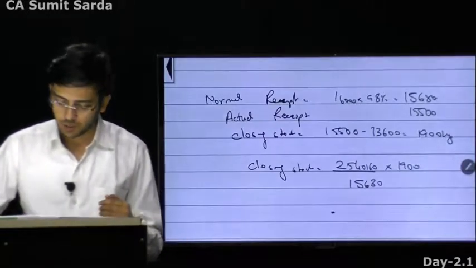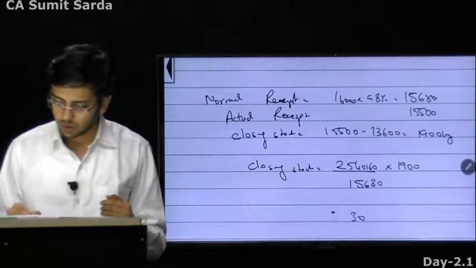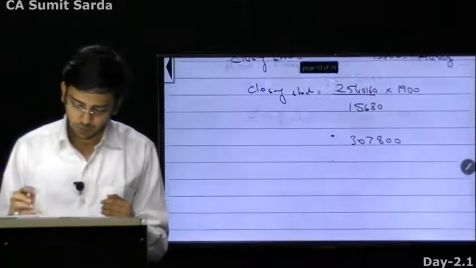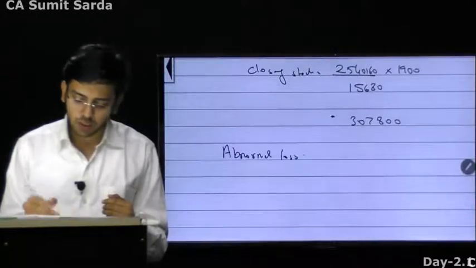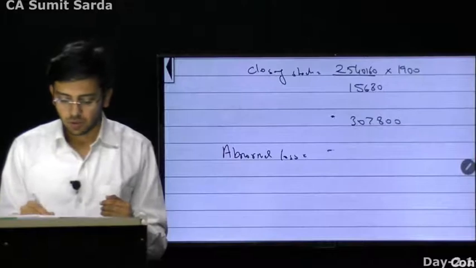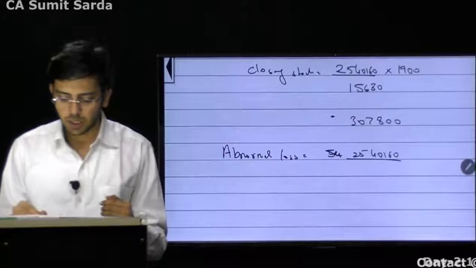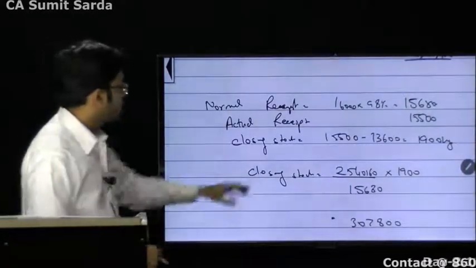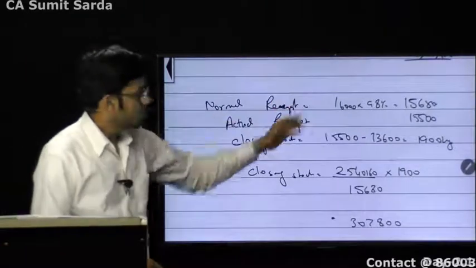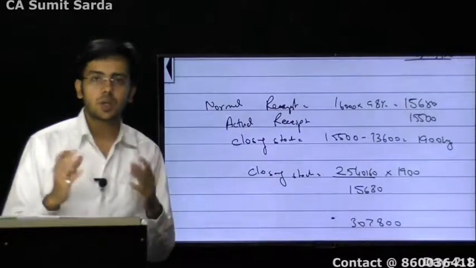So I hope it is clear. That gives 307,800. Let's calculate the abnormal loss that we used to calculate in our CA Inter. 25 lakh 40,160 divided by again 15,680. What you were supposed to receive was 15,680 units, but you actually received 15,500. Less than expected.